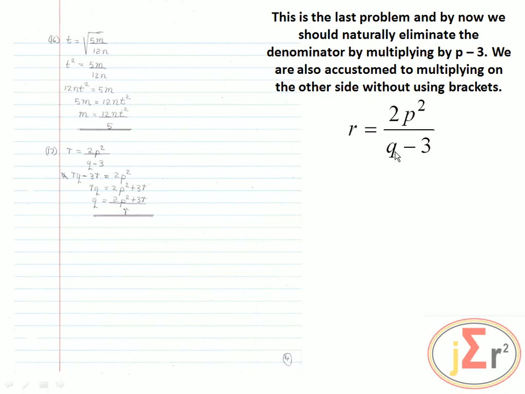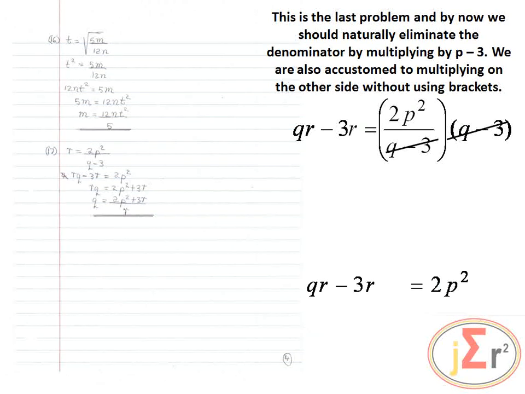And we also understand that if we are multiplying q minus 3 on this left hand side, we will have to multiply r by q and negative 3 by r. So r, q, and r times negative 3, negative 3r. So there we have it. qr minus 3r and the q minus 3. We have that eliminated from the right hand side.